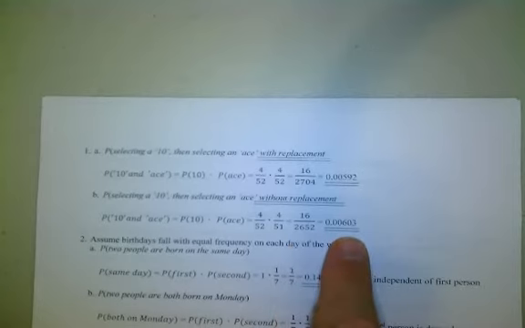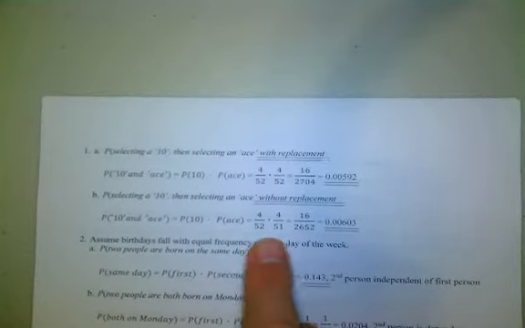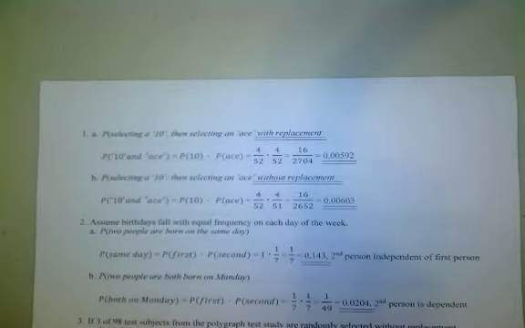So now we get a slightly different number, 0.00603. Now you might say, what's the importance of doing that? Well, we're only doing 2. We could do this for all 5 cards, and then you keep multiplying, and the denominator would keep going down as a result.